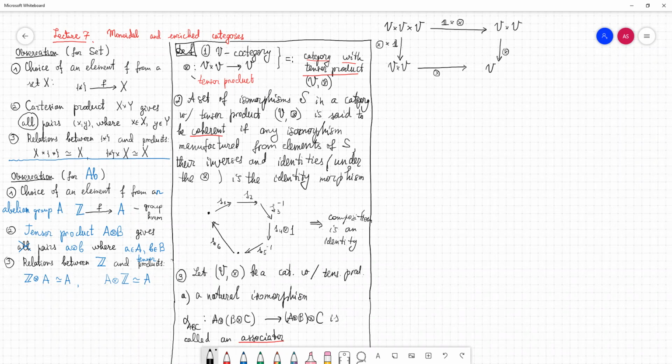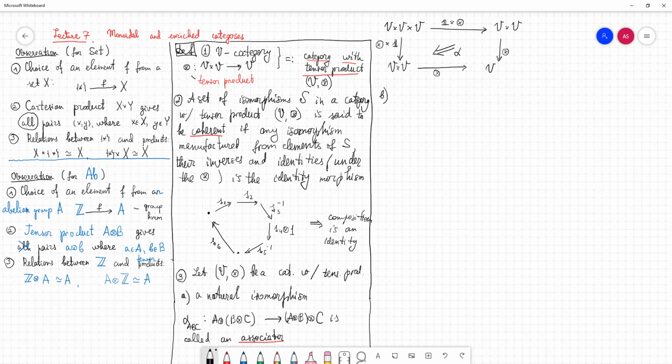The upper and right arrow correspond to a left-hand side and other arrows to a right-hand side. So here we have a 2-cell filled with a natural isomorphism alpha, which is called associative. That's how this axiom looks.